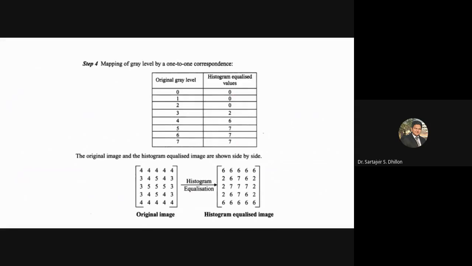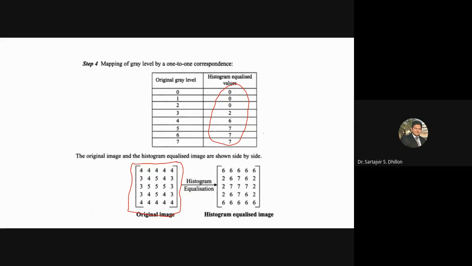And there is 0, 0, 0. There is 2, 6, 7, 7, 7, and again, now you have to. This is your input matrix or input image which is given to you. Now you have to replace all these values with respect to the equalized values.